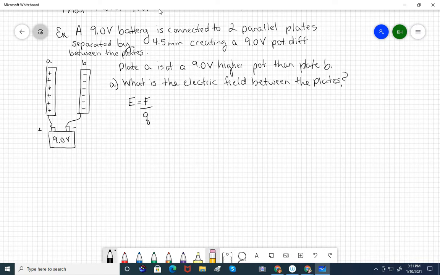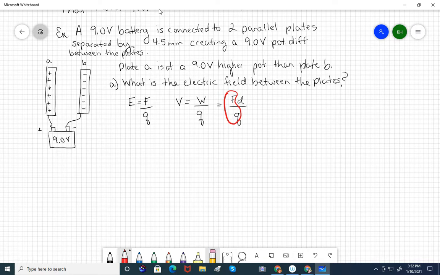I know that the potential difference V can be written as the work per unit charge. Well, what's work? Work is force times distance. Aha! I think I can get somewhere now. Notice that if I take this formula and I look over here, what's F over Q?